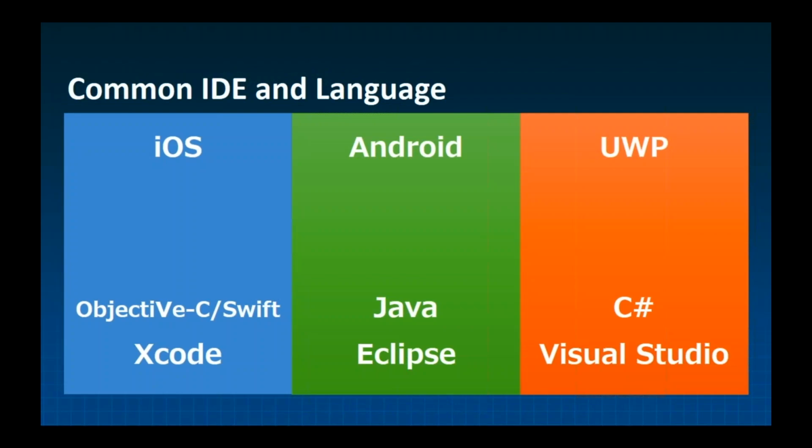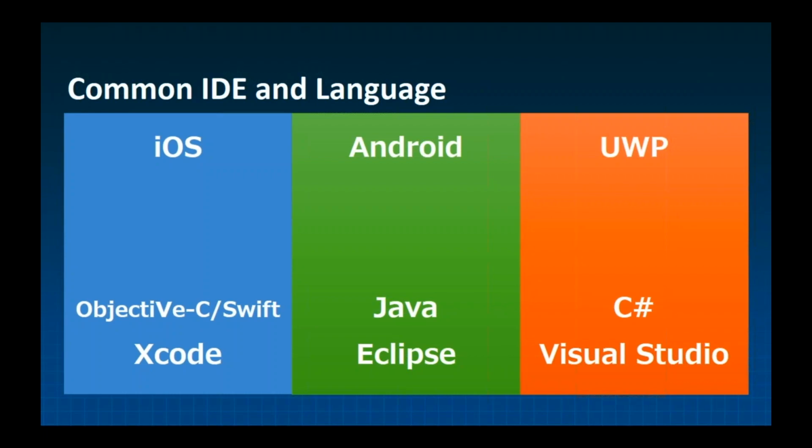When you develop mobile applications, especially native applications, you used to need a separate IDE or language for each. For example, if you want to create an iOS application, you need to learn Objective-C or Swift, with Xcode as the IDE.